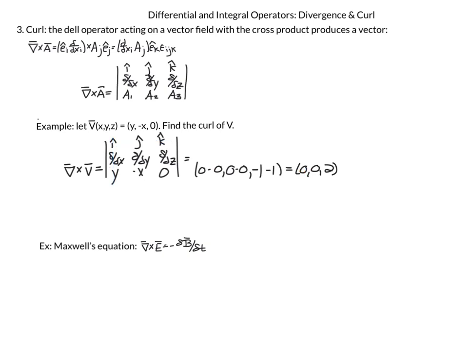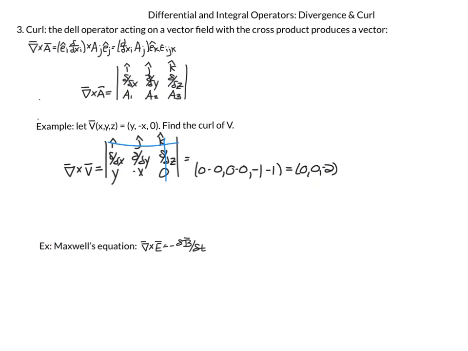For the j direction, crossing these rows out and doing the cross multiplication, d/dx of 0, 0 minus the derivative with respect to z of y is also 0, so 0 in the j direction. And in the k direction, d/dx of negative x is negative 1 minus d/dy of y is 1, so I get a minus 2 in the k direction. So that's our quick example.